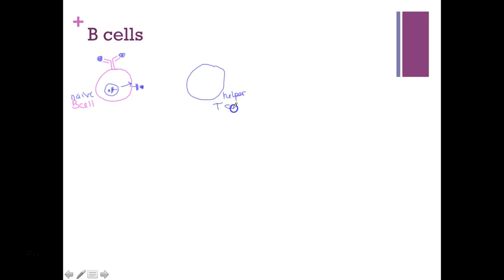helper T cell. And this helper T cell has that TCR, that T cell receptor that is specific, like a puzzle piece. Its soulmate, specific to this antigen.